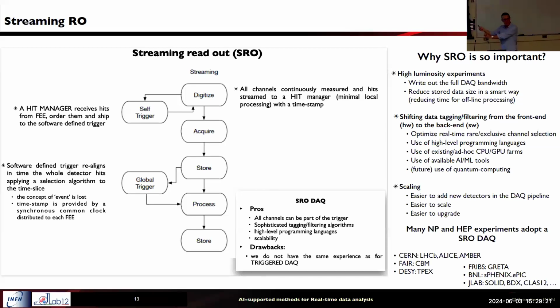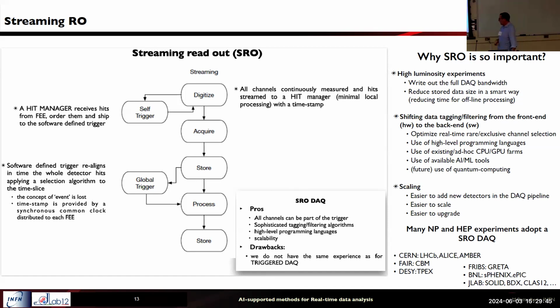They move everything back, and then they decide in some way which is interesting and which not. Same thing for LHCb, which was a precursor of that because they have a problem of rates. They need to cope with the high rates, and the only way to cope with very high rates is to use a streaming readout that works in parallel streams rather than going in steps.